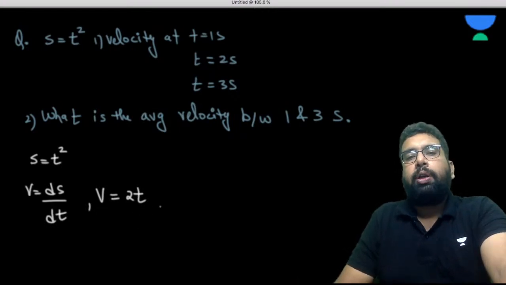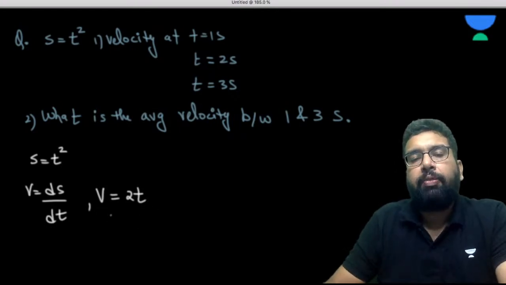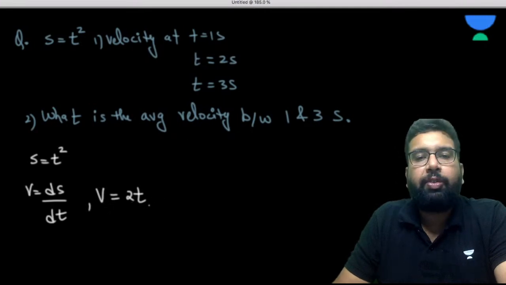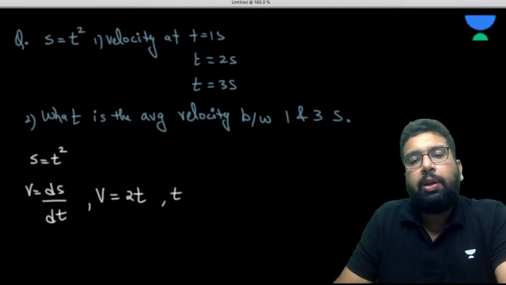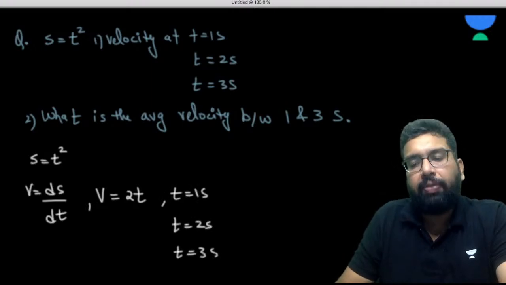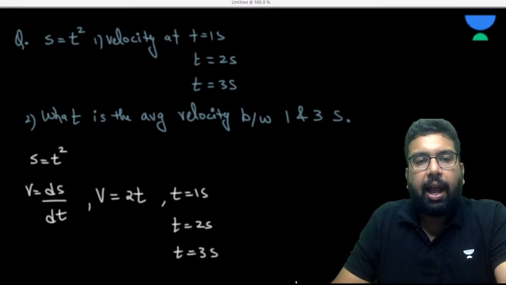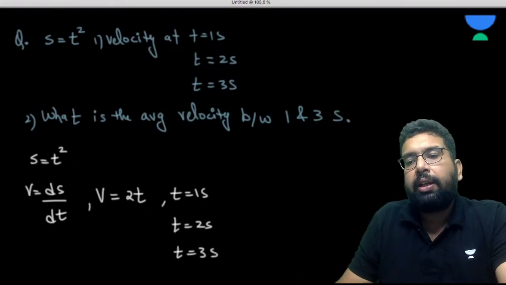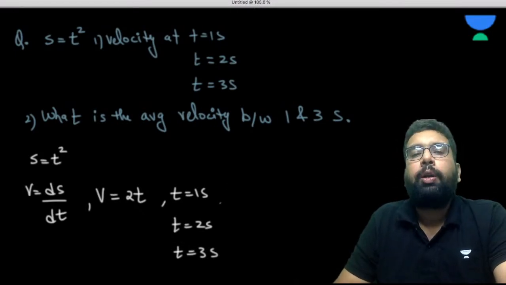Now we have a function of t. When I put t is equal to 1 second, or t is equal to 2 second, or t is equal to 3 second, definitely I'll get the value of instantaneous velocity, the velocities at these points of time.